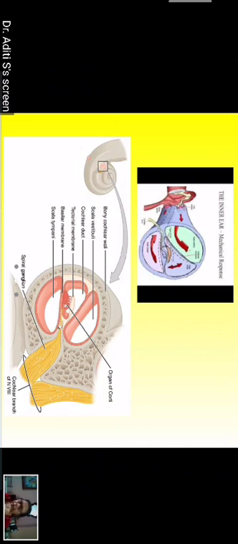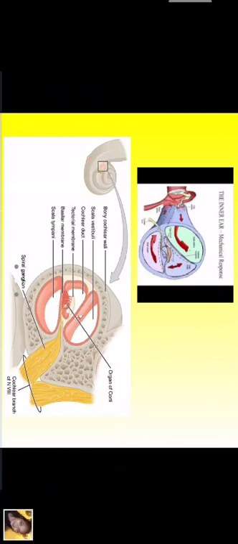They extend from the free end of the spiral lamina up to the outer wall of the cochlea and separate the canal into three compartments. What are these three compartments? Scala vestibuli, very good, scala media, and scala tympani. Very good.